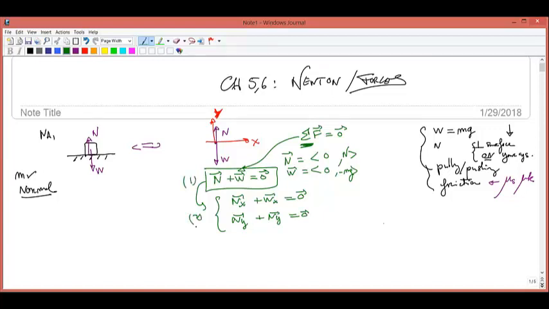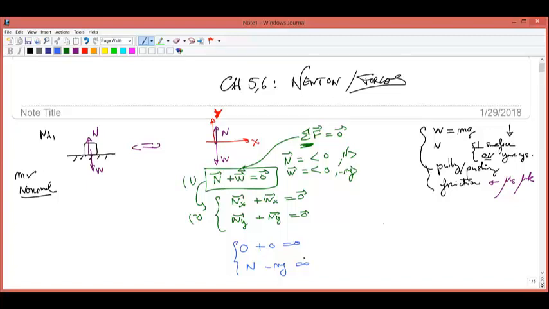And now all you have to do is plug the numbers. Nx is 0, Wx is 0, so the first equation gives us nothing new. The second equation gives us N minus mg is equal to 0. It is that simple. That's how Newton's method works, and that's it.